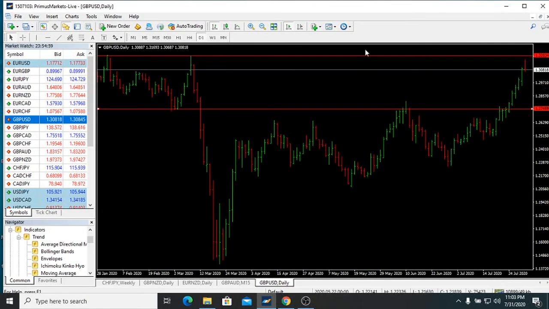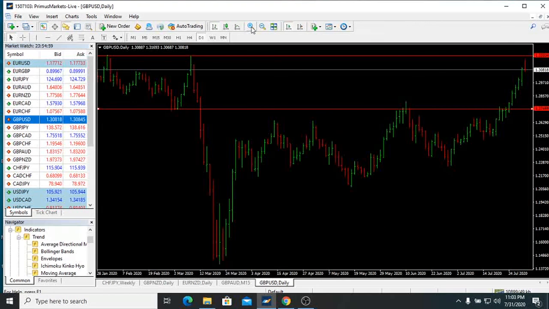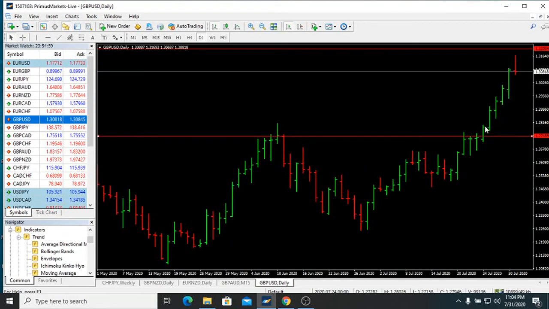Now since it broke this one, we all expected it to continue to the next stop, which is here. And lo and behold, it did just that, because it broke through. Look at it. This was the candle that broke through that line and closed above that resistance, which was now a new confirmation for a buy.